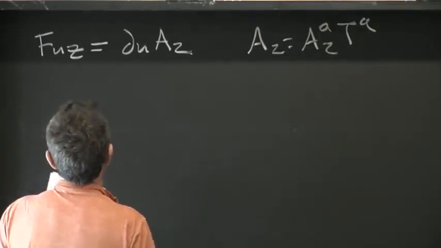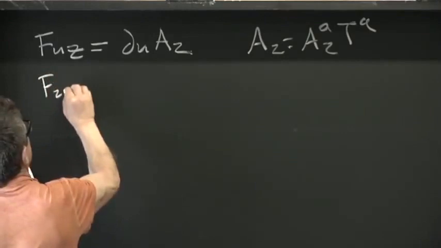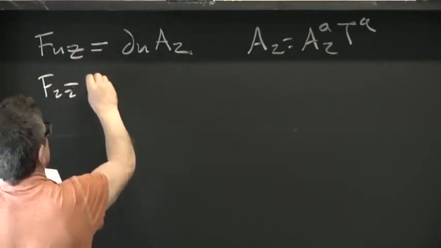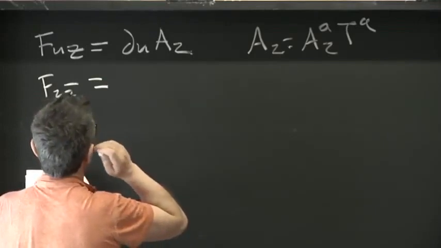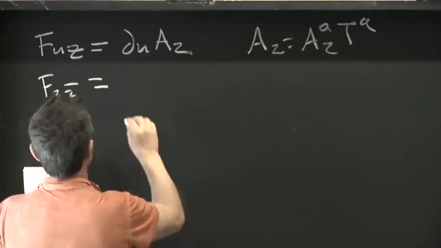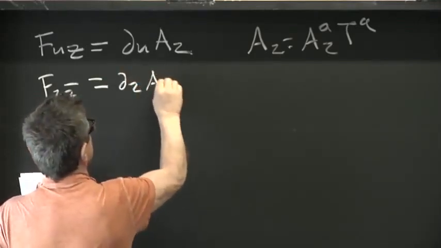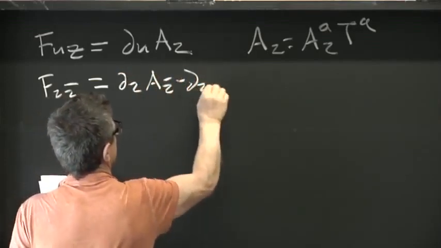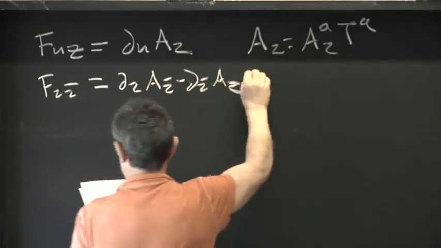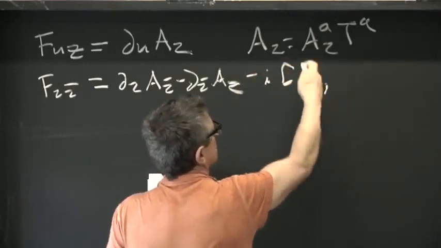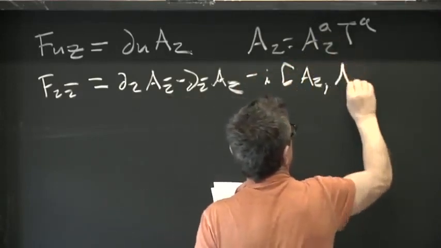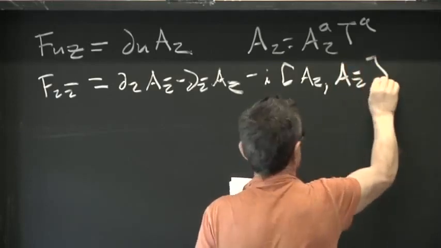And F_zz̄, on the other hand, which also has a leading order term of order 1, is ∂_z A_z̄ minus ∂_z̄ A_z minus i, the commutator in color space of A_z with A_z̄.